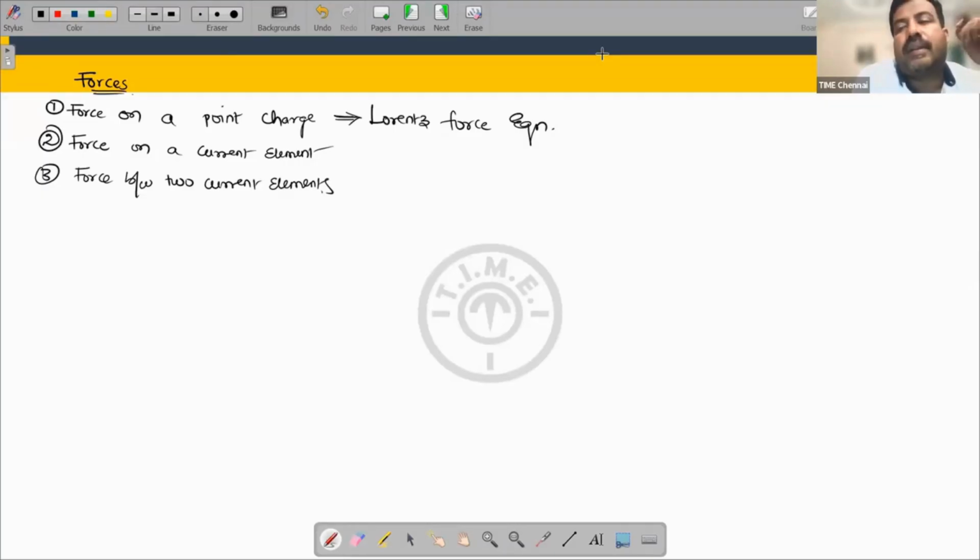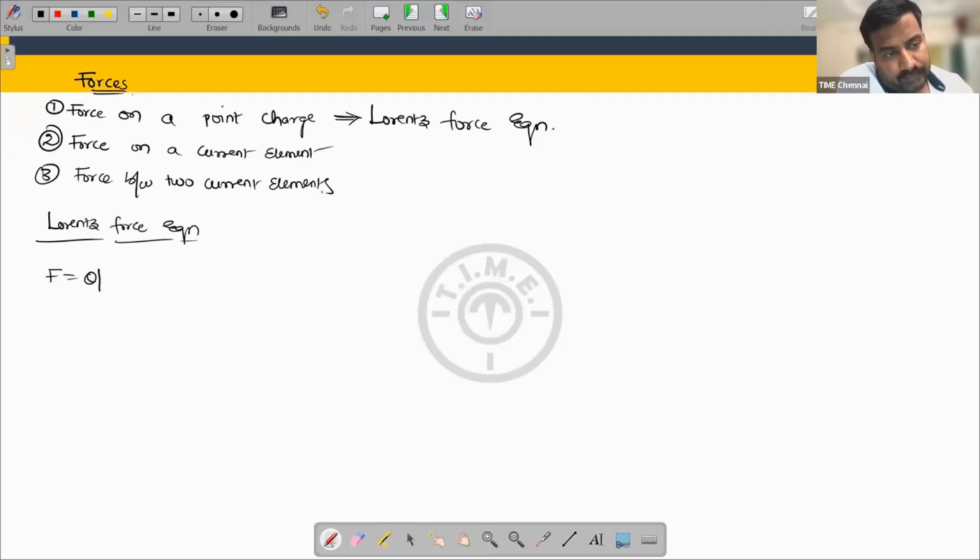Yeah, that is the force exerted. Lorentz force equation will tell you the force exerted on a point charge in the presence of both electric field and magnetic field.